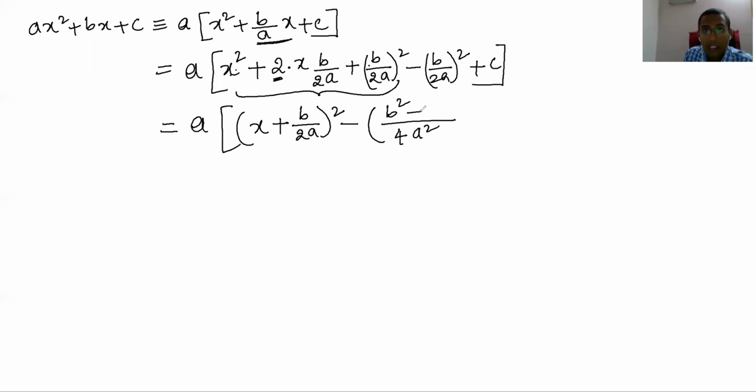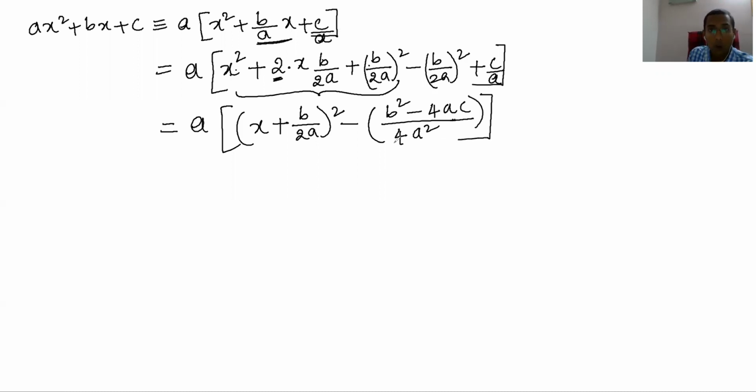This becomes minus, 4a square, and when I took a common, c becomes c by a. So here 4a square is the LCM, and this becomes 4ac.